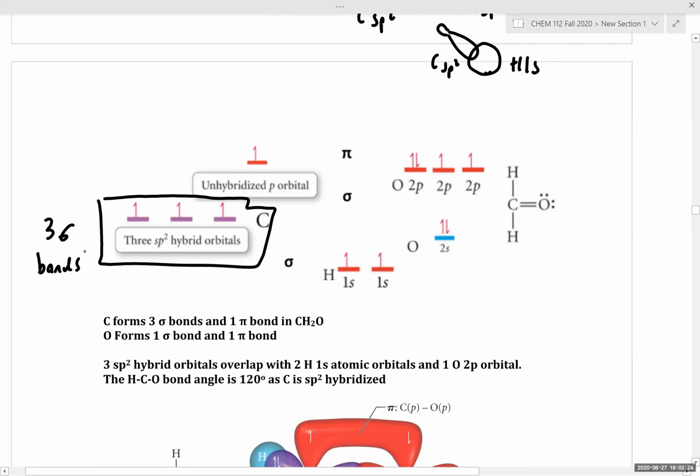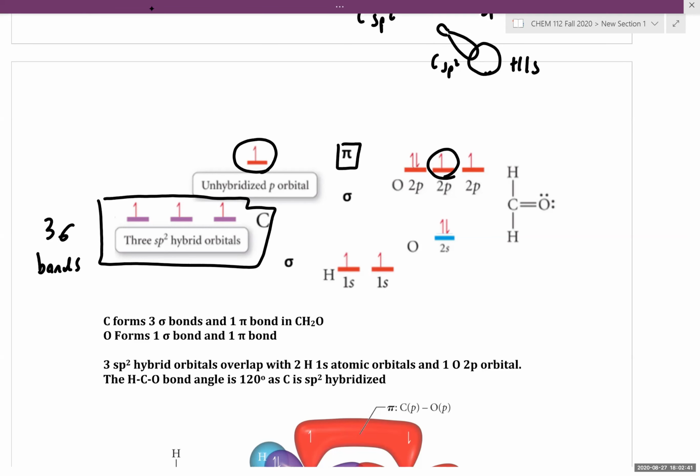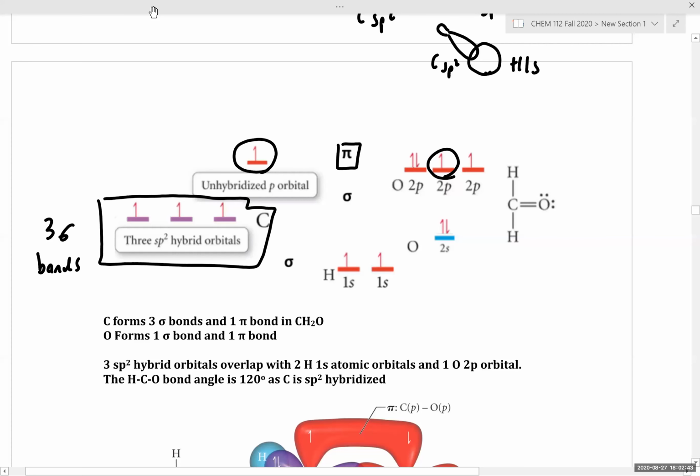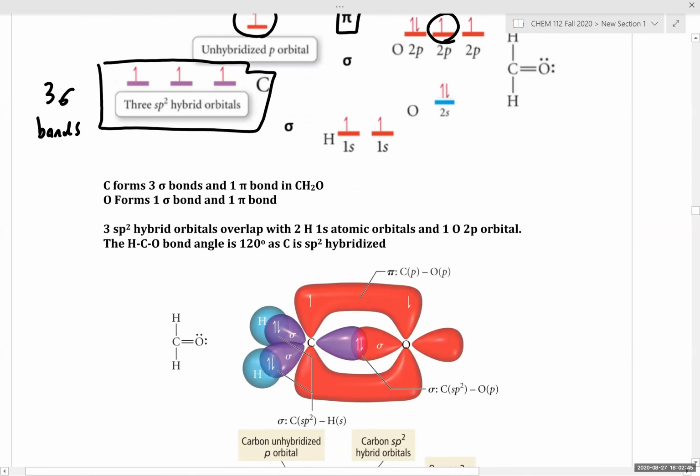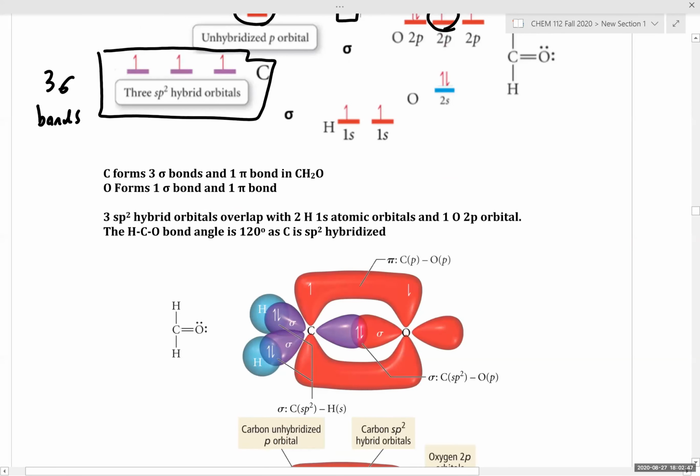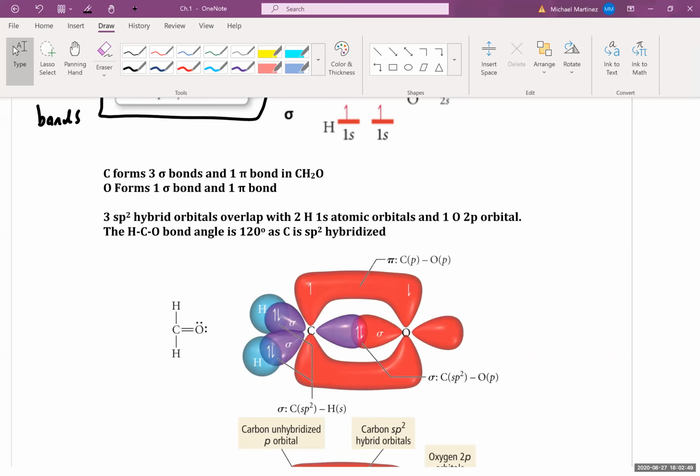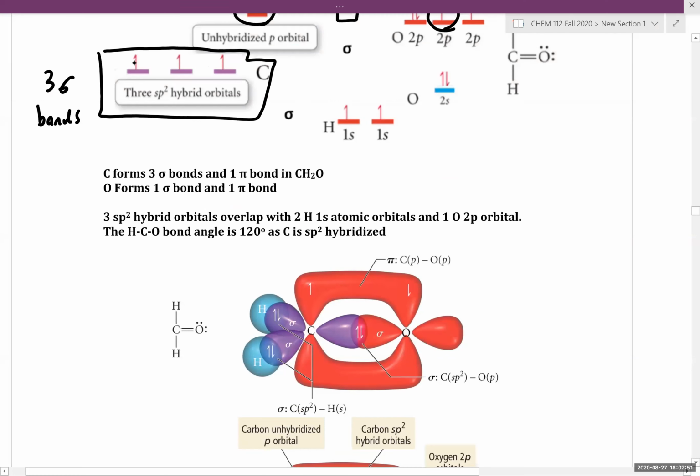Now, when we think about carbon's p orbital, however, carbon's p orbital can also participate in what is known as a pi bond, which is an overlap of half-filled p orbitals. So let's try to draw a picture for our pi bond to fully describe the bonding arrangement in formaldehyde.